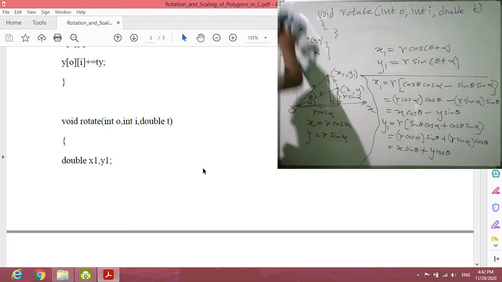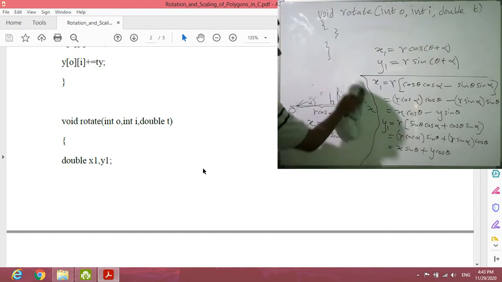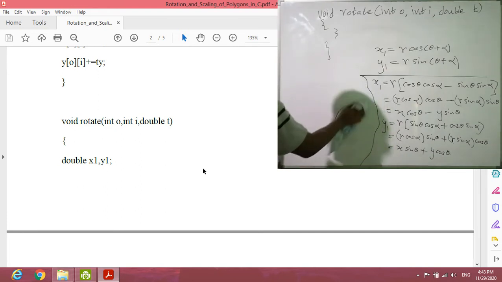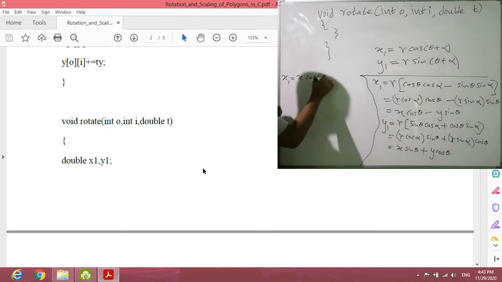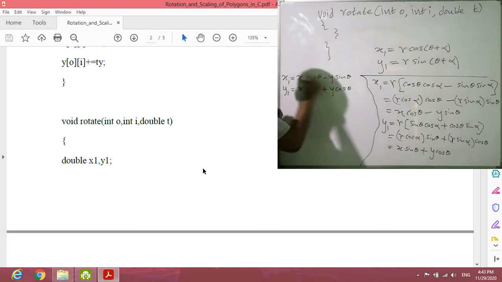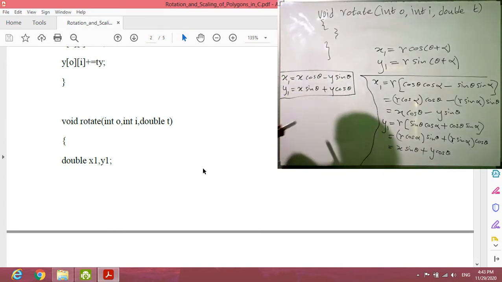So here I just write down the summary of our mathematical derivation. Here x1 means x cos theta minus y sin theta, y1 means x sin theta plus y cos theta. This is the summary of what we have done.